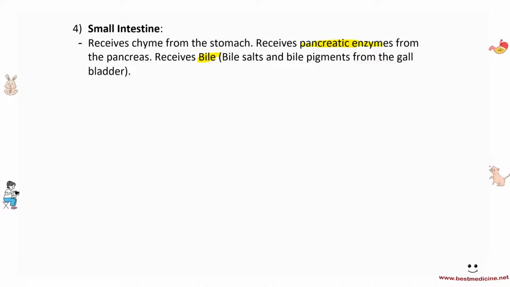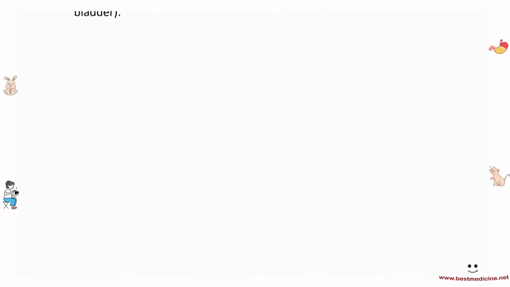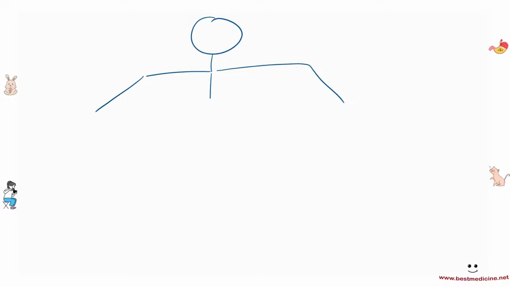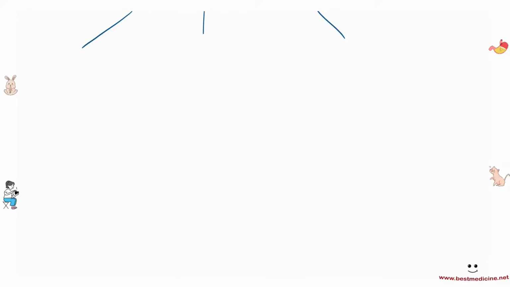So how does all of this work, and how does it look, and how does it all tie up in a human being? Well, remember, a human being has a head and everything, and then you've got the arms, and then you've got the liver and stuff. So the liver is situated, and I'm going to start with the liver.